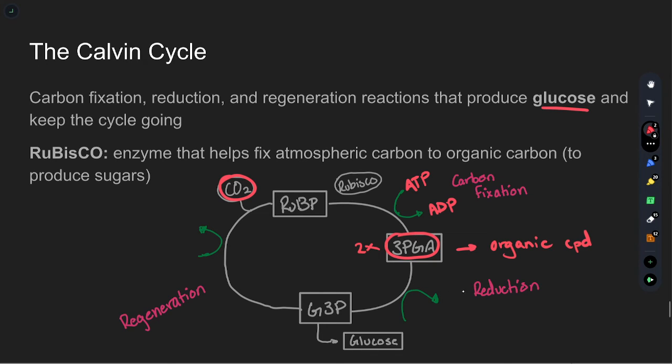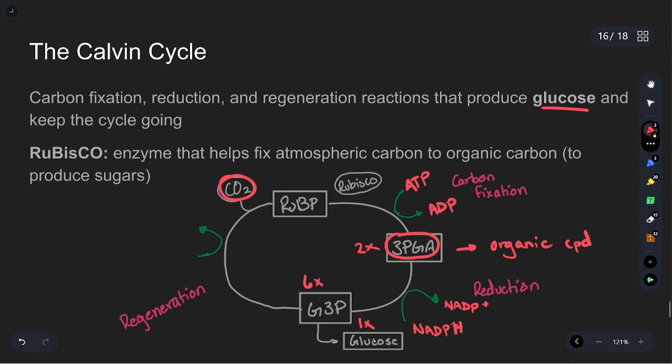Now we have reduction, and it is reduction of the carbon compound. So reducing power is used, I should say oxidized. And 3-phosphoglyceric acid is turned to 6 molecules of glyceraldehyde 3-phosphate.